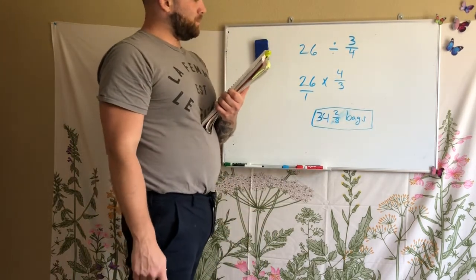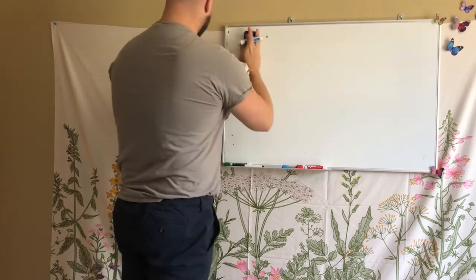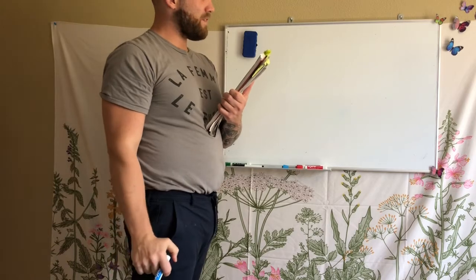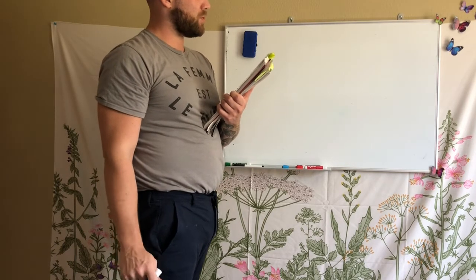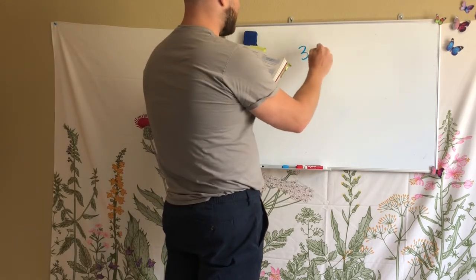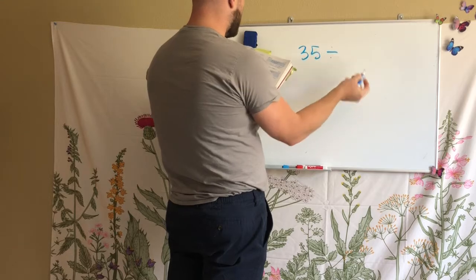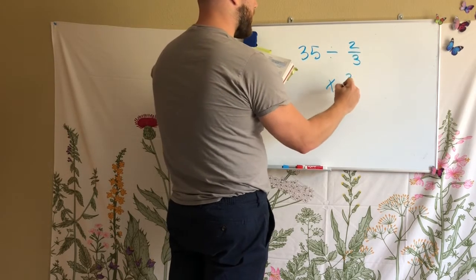Okay, problem C. A tank held 35 gallons of gasoline. The gasoline was poured into containers that each held 2/3 of a gallon. How many containers were filled? So you have 35 divided by what number? 2/3. Rewrite it into 3/2.